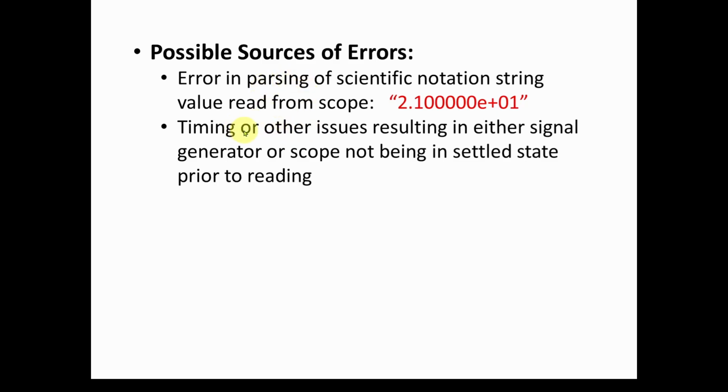So parsing errors, timing errors, and the big one that people don't want to admit to is incorrect user code. So guaranteed, if you've done any software development, you know that you make errors. And the more novice you are, the more errors you're going to make.